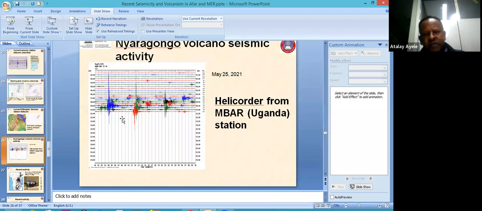Even on May 25, 2021, we managed to capture the Nyiragongo activity from the Mbarara station. So if there is a very good center in our region, in addition to international data centers like USGS or IDC in Vienna, we can really characterize the seismic and volcanic activity in our region.